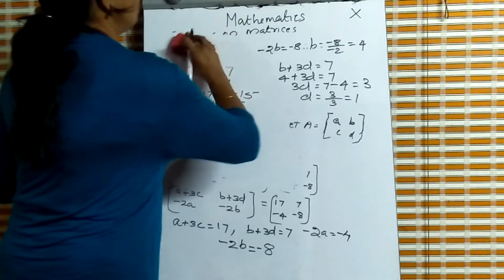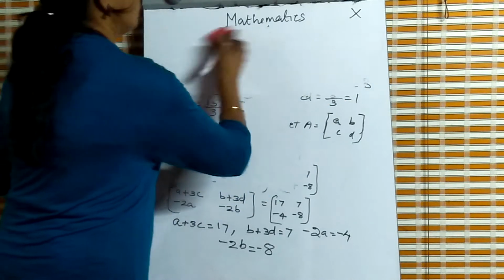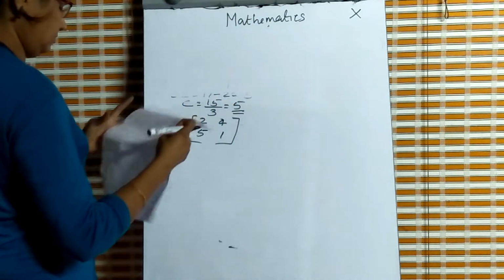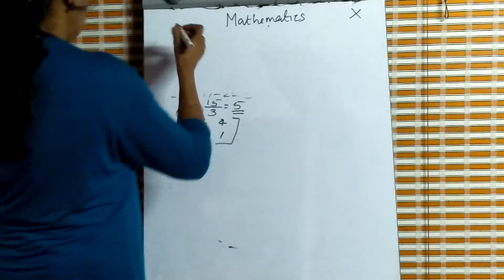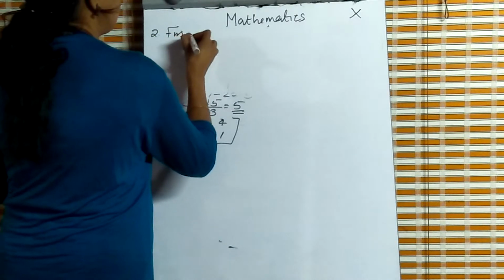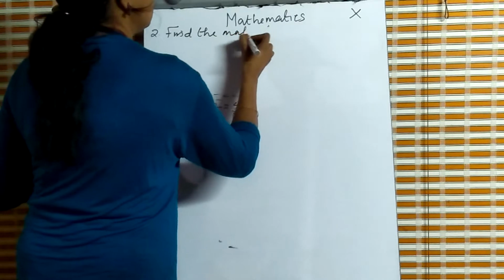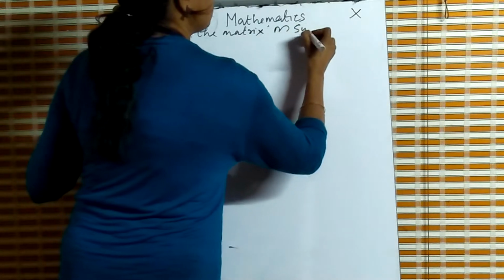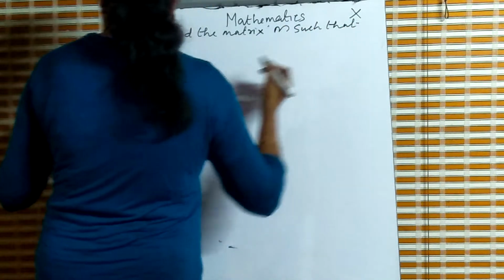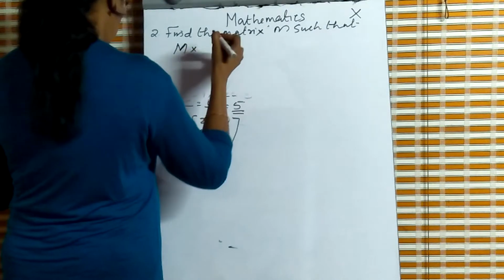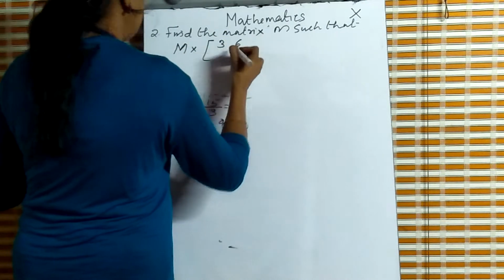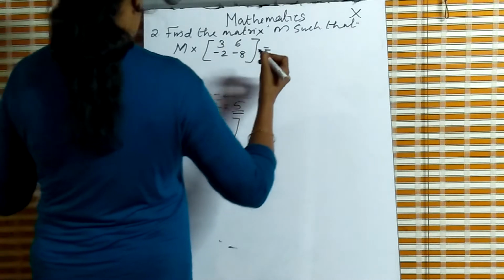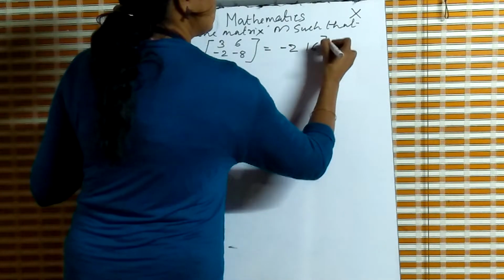Then, second question. Find the matrix M such that M into the matrix [3 6; -2 -8] is equal to [-2 16].